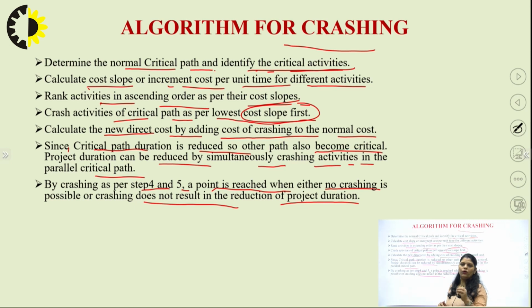First crashing will be done for the activity for which the cost slope is minimum. After that we will repeat this step until there is no further reduction in the project duration.